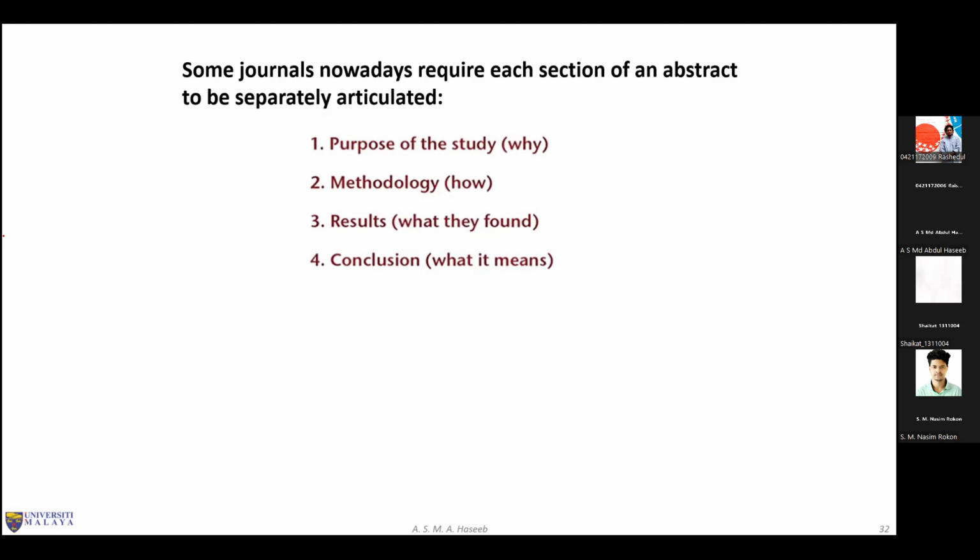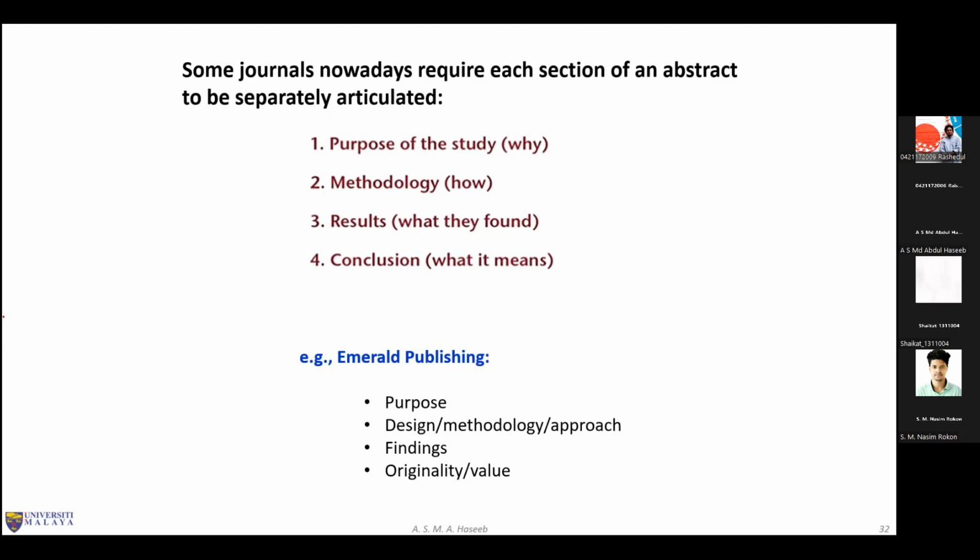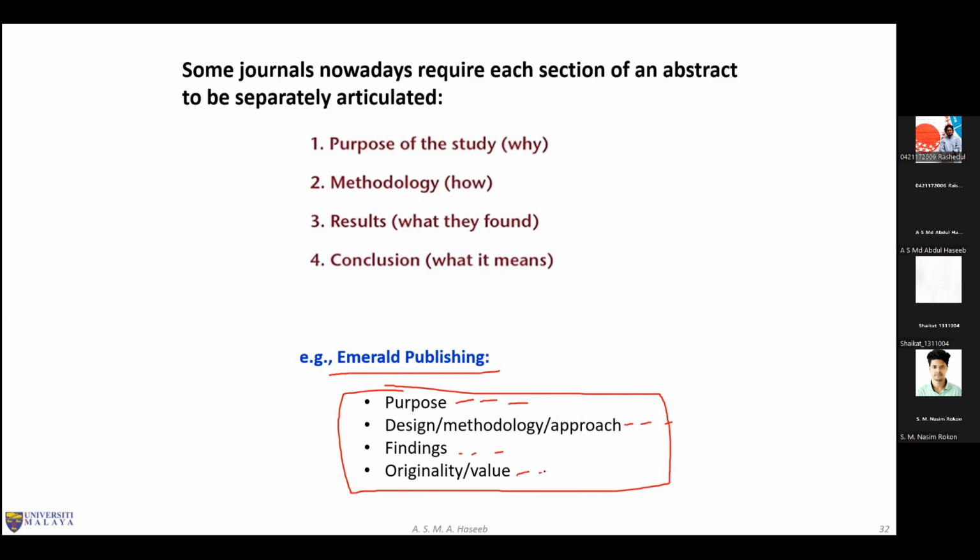So they will give you exactly this format, and you have to write under each section. For instance, if you publish in any journal published by IMRAD Publishing, their abstract will be in this form. They will give you these 4 subheadings in the abstract, and you have to fill them in. They just want to make sure that you touched upon each of those important subheadings. Otherwise, sometimes some authors will miss some of them, which they don't want.